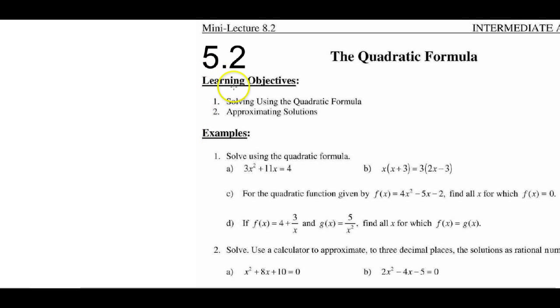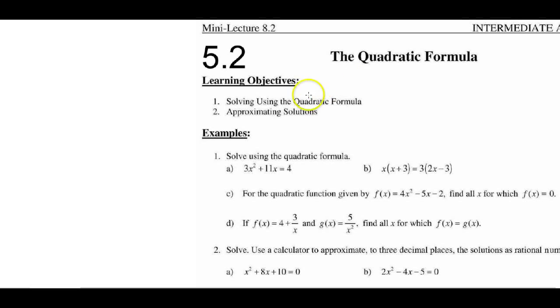As we go on to topic 2 now of module 5, the old number was 8.2. We're going to look at what is called the quadratic formula. And in section 1, we went over solving quadratic equations by completing the square.